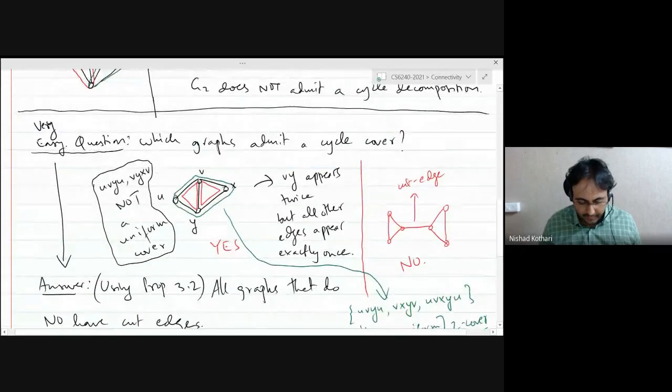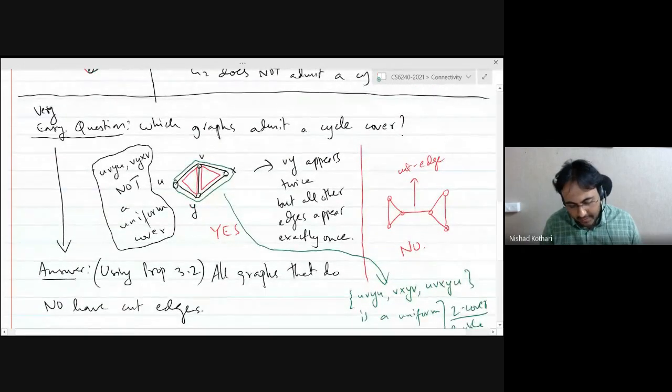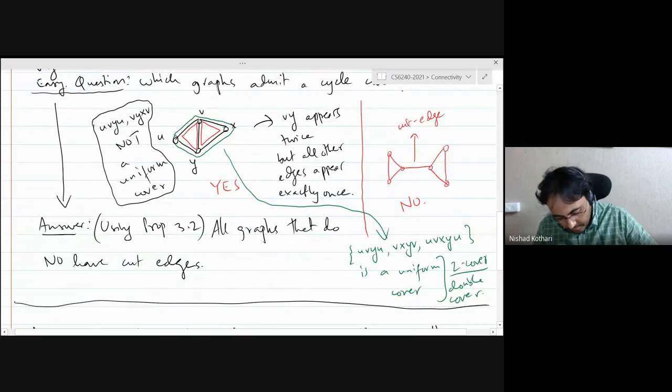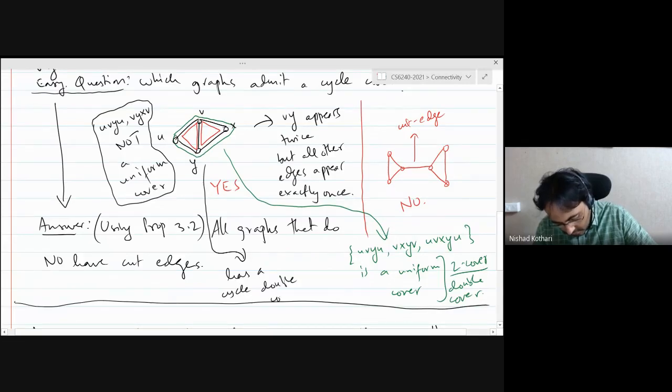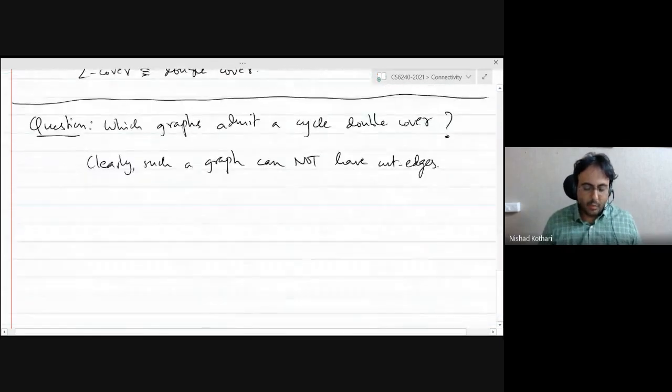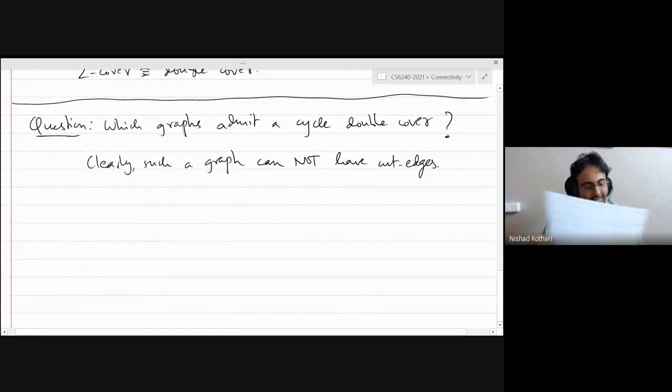So let's look at the graph we drew. This 4 vertex graph. This has a cycle double cover. Right? So are there any guesses? What graphs have a cycle double cover? Does anybody already know this very famous conjecture? Well, it's famous in graph theory, but probably not famous anywhere else.